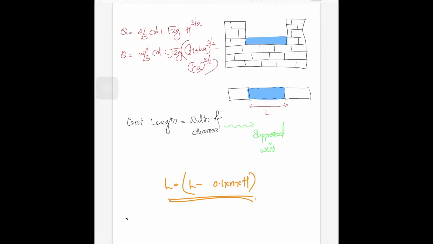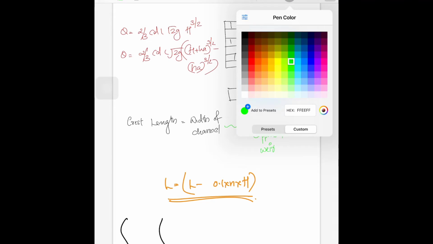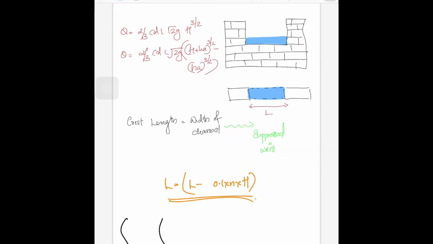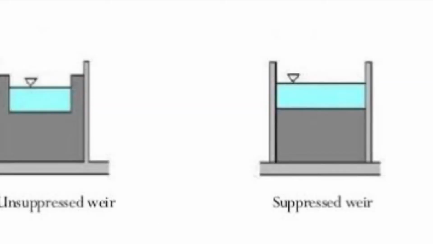If there is a channel like this, and the weir will be like this, the water will be flowing over the weir.